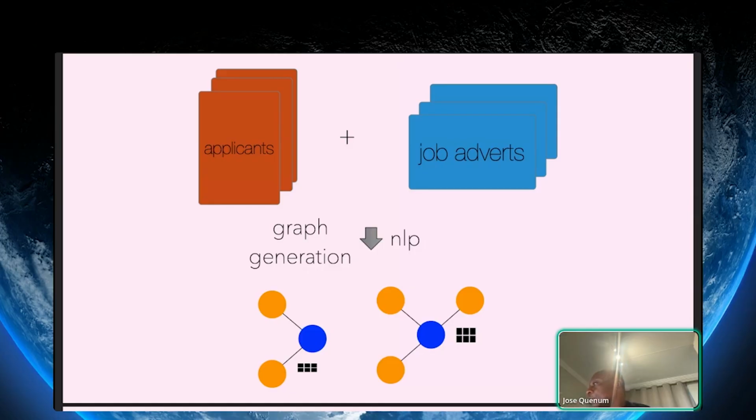In our heterogeneous graph, we represent the different job applicants and the job adverts. We integrate the representation of the job adverts and the applicants, and the link in the graph, the edge, will indicate the score of the applicant, showing how strong the connection is between a particular applicant and the job advert.